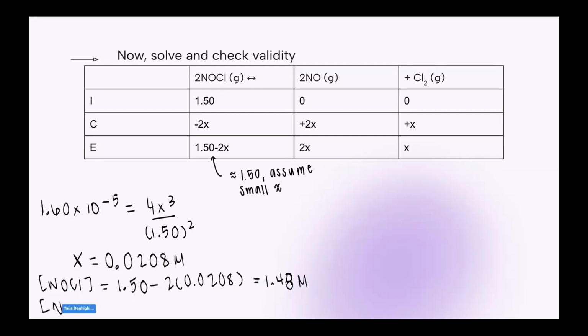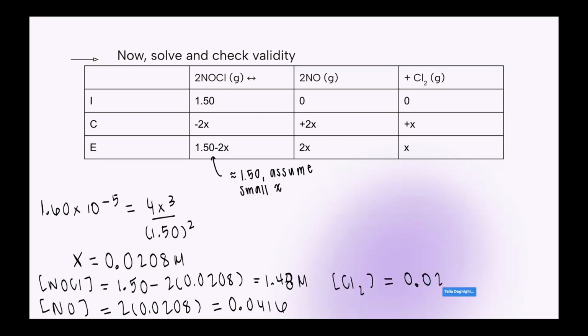The concentration of NO is going to be 2 times 0.0208, which is going to be 0.0416. And then finally, the concentration of Cl2 is going to be x, which is 0.0208 molar.